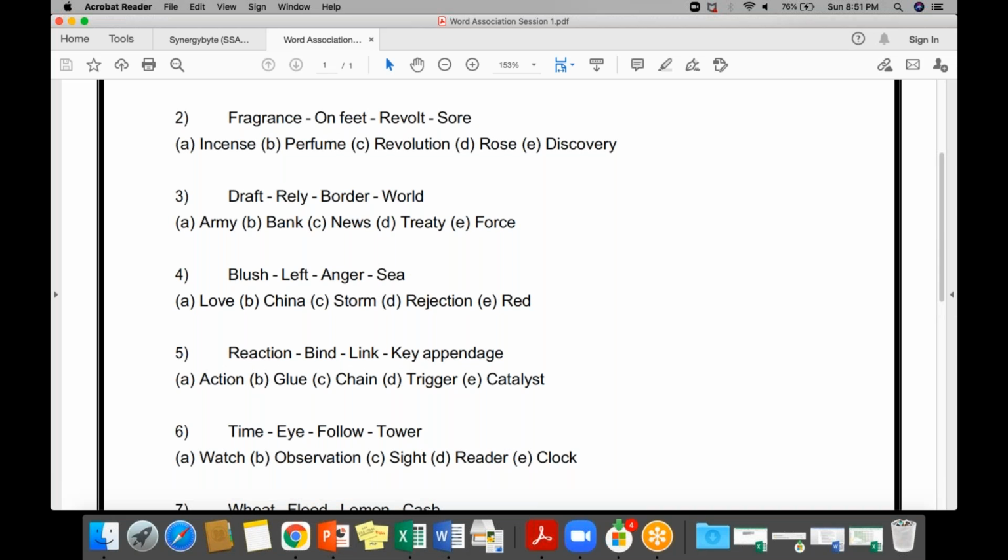Red is a globally used color which is used to represent left wing ideologies. Left wing ideologies across the world are referred to using red as a color, and even the terms which come out with left wing ideologies have the word red in them. Red is my answer. Red will go with left, blush, anger, and sea.